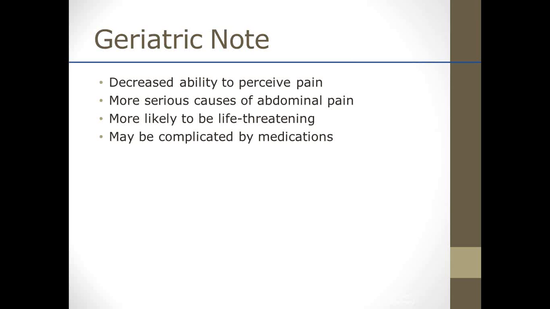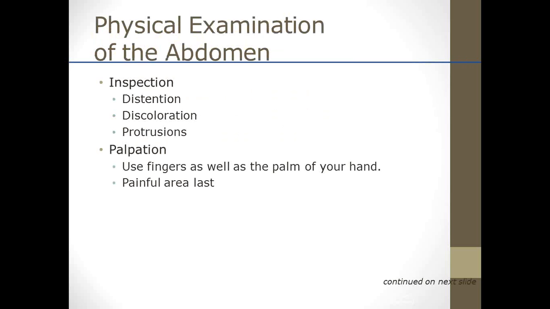So all medications have side effects. Older people tend to take more meds, so they run a higher risk in addition to their physical aging processes. So what we're going to do is inspect and palpate our abdomen.